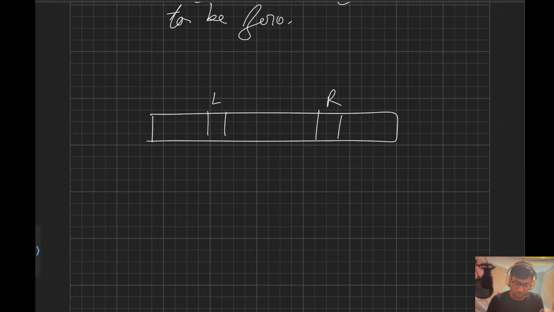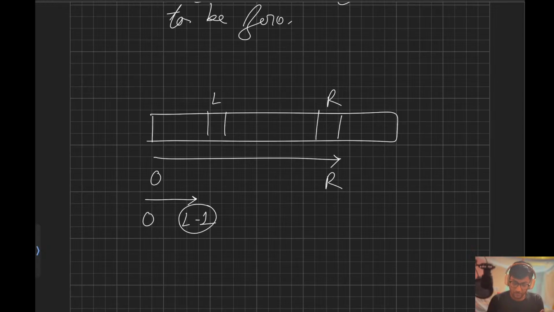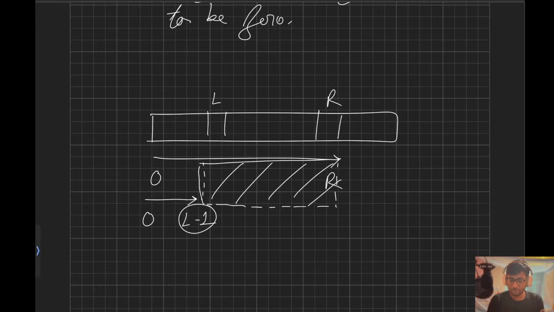what we used to do is calculate the sum from 0 to R and subtract the sum of 0 to L minus 1. If I subtract this now, you see I'm getting the sum of L to R. This is the overlapping range. I hope this is clear.